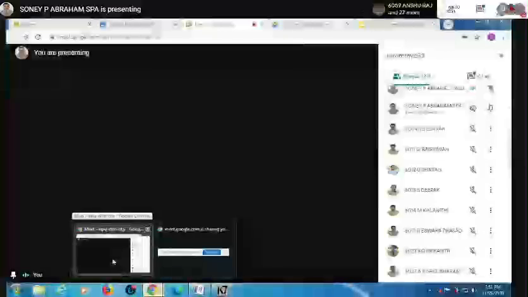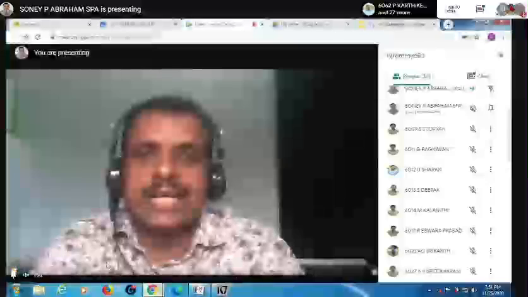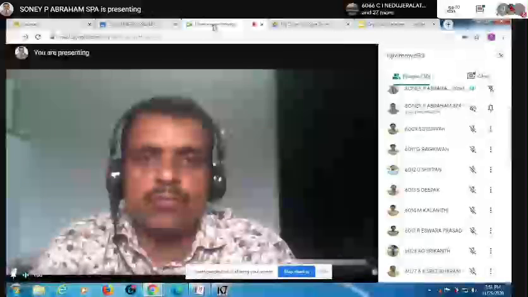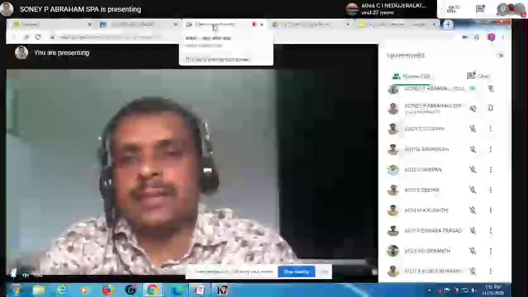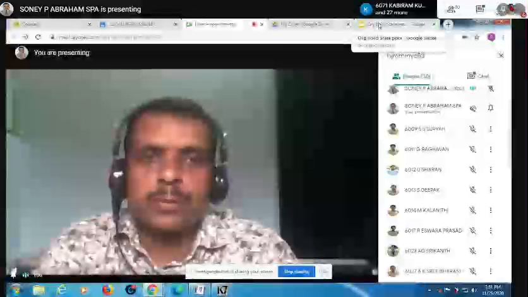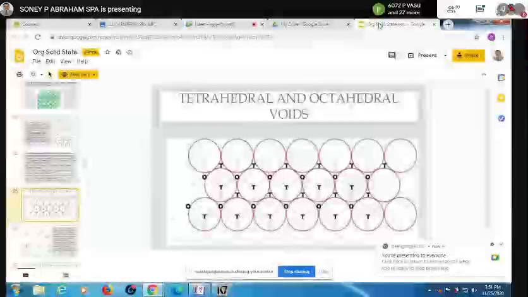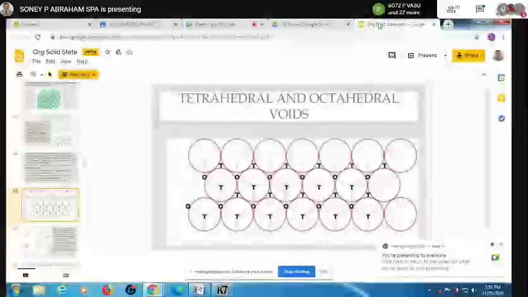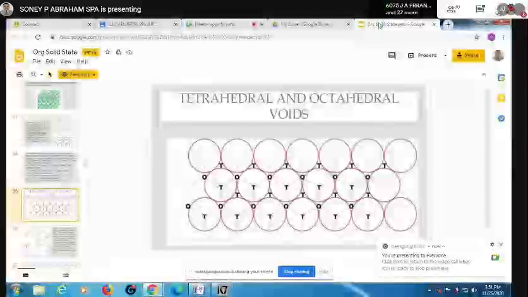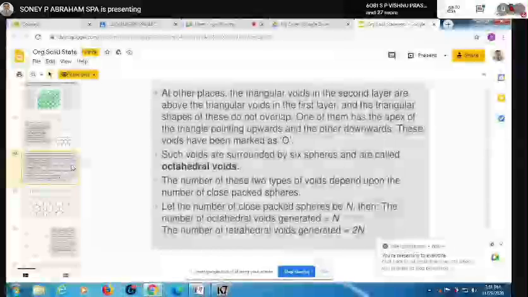The number of atoms is 4, so there will be 4 octahedral voids, equal to the number of atoms present, and double that, 8 tetrahedral voids. What about body-centered cubic structure? 2 and 4. 2 octahedral voids and 4 tetrahedral voids will be present.